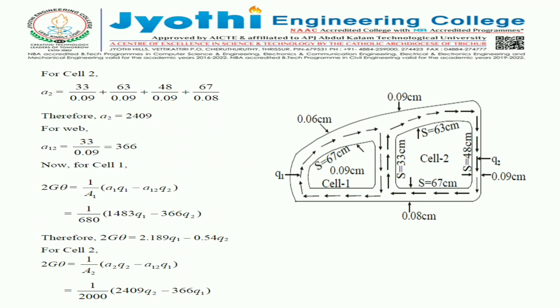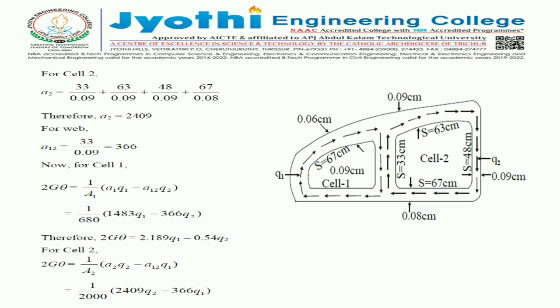Next, we substitute the values of a1, a2 in the equation for angle of twist. 2G theta is equal to 1 by A1 into (a1 Q1 minus a12 Q2). By solving that equation, we get 2G theta is equal to 2.189 Q1 minus 0.54 Q2.